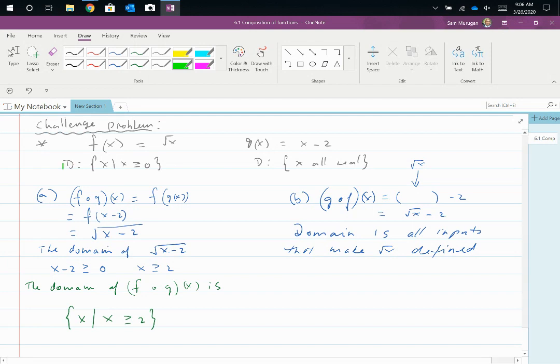And if we consider the original function, the domain is x greater than or equal to 0. Since the x is underneath the square root sign, x still has to be greater than or equal to 0. So the domain of g composed of f of x is all x greater than or equal to 0.